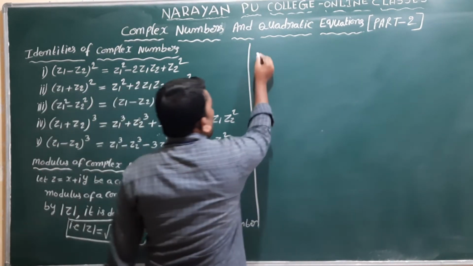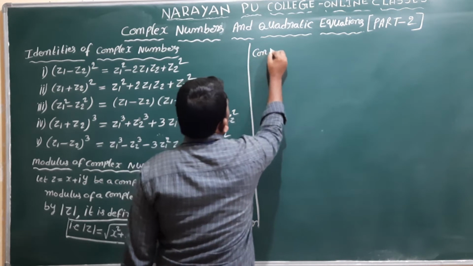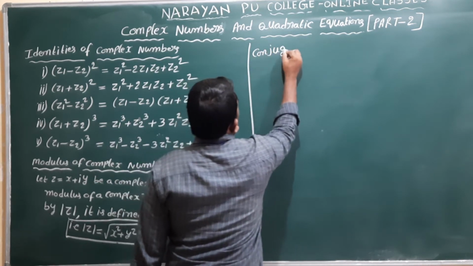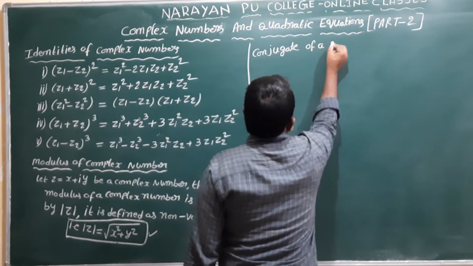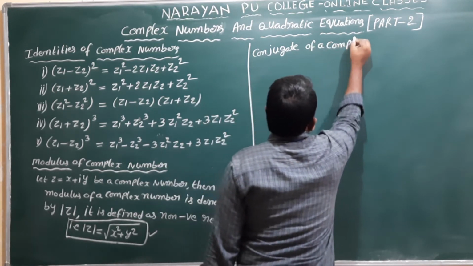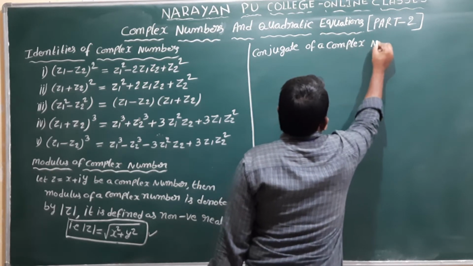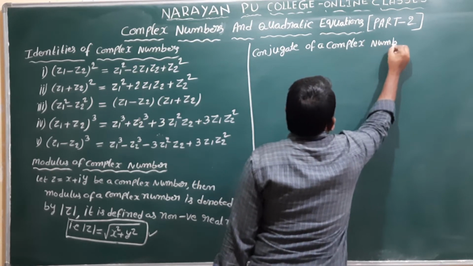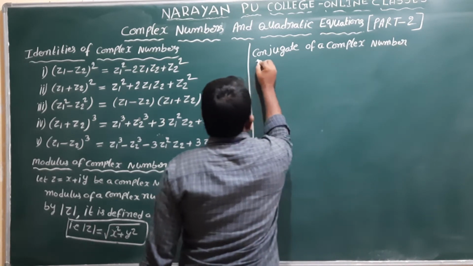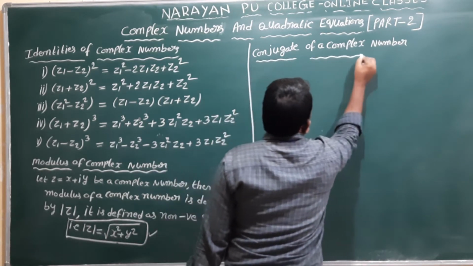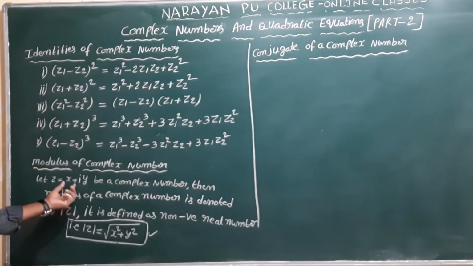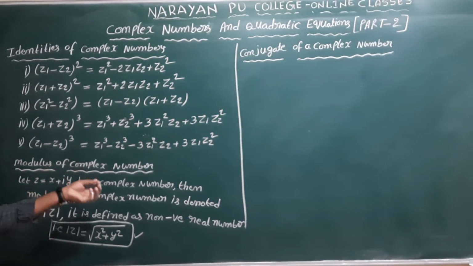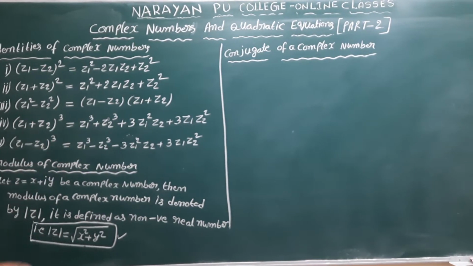So next, conjugate of a complex number. So let us take same the complex number z equal to x plus iy. So conjugate of complex number is defined as z bar.